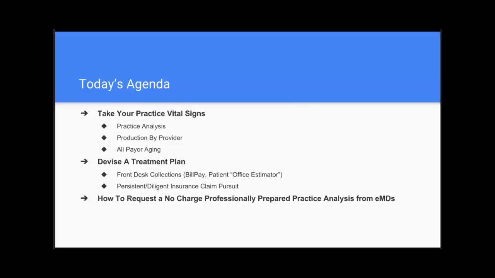Many of you have probably already produced these reports, but once we do that, we're going to take a measurement of the health of your practice, take a look at what areas might need to be fixed or treated, and then we'll devise a treatment plan. We've got a lot of suggestions for you as to how to attack your outstanding AR, how you can work on improving the front desk collections, what tools we have to help you with insurance claims.